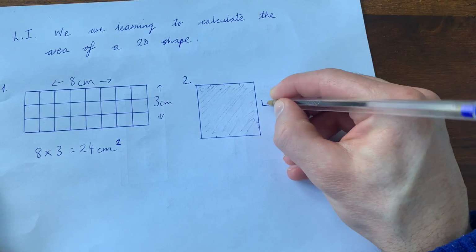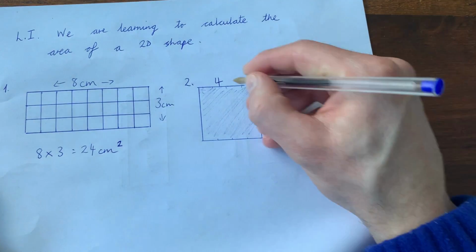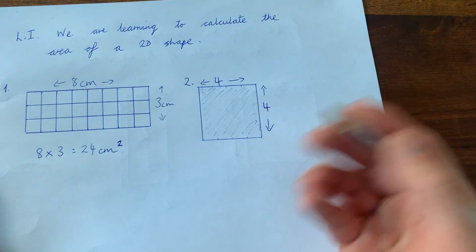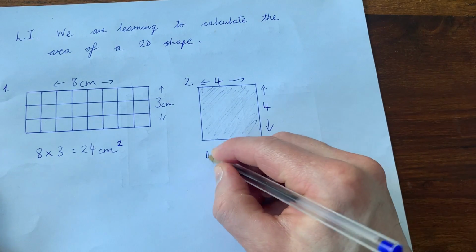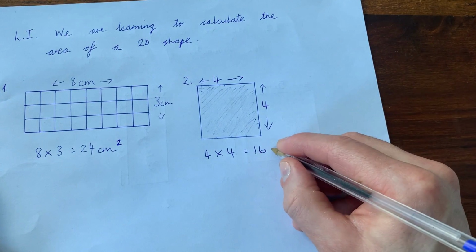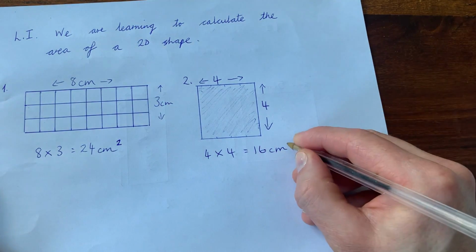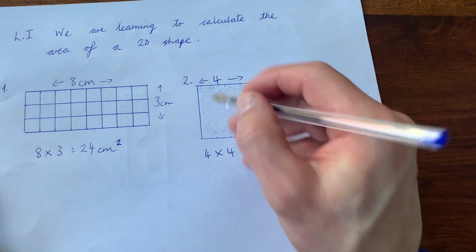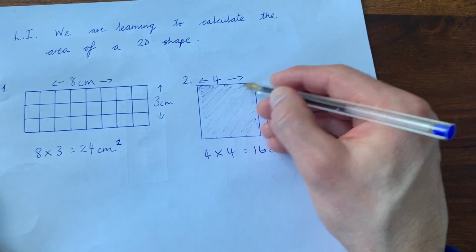So I know that the length is 4, the height is 4, and all I do then is 4 times 4 equals, and we know our 4 times table, so it's 16 centimeters, and do not forget to write centimeters squared. And that tells me this area here.